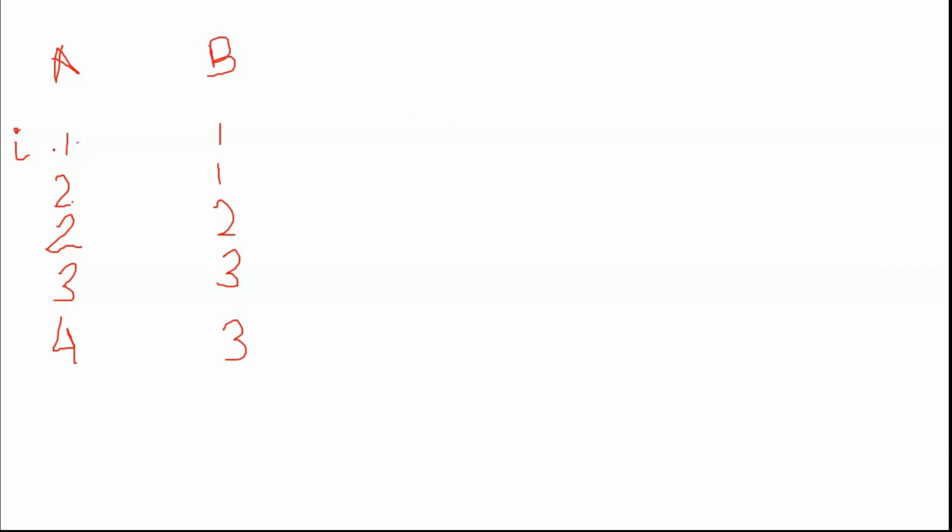It will say 1 is to 1. It found a common value. Then it checks the second element, and again it found a common value, so it says 1 is to 1. Similarly, it checked the other values, and there it found no common values.